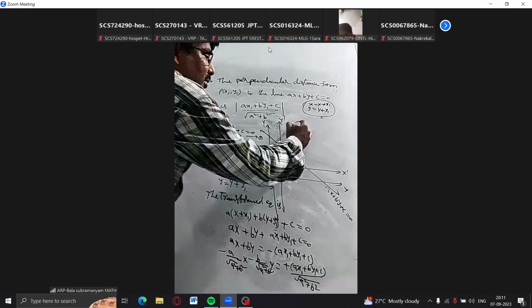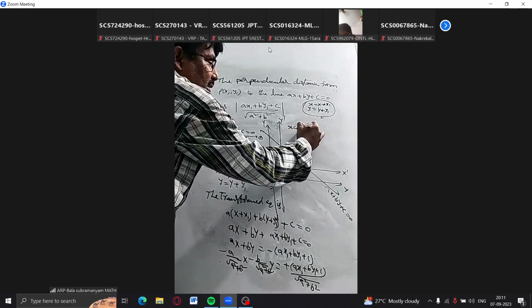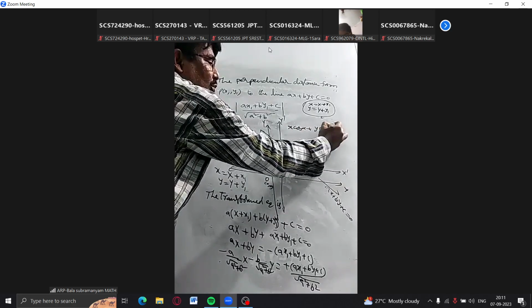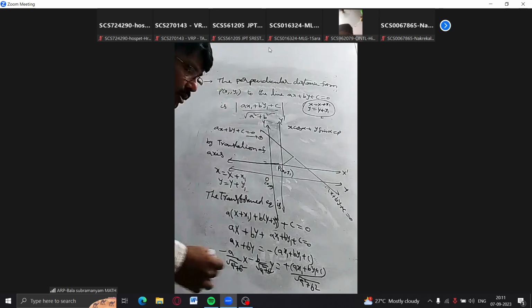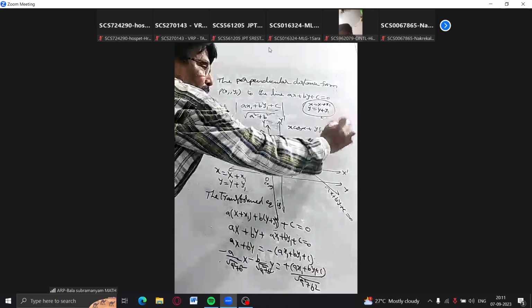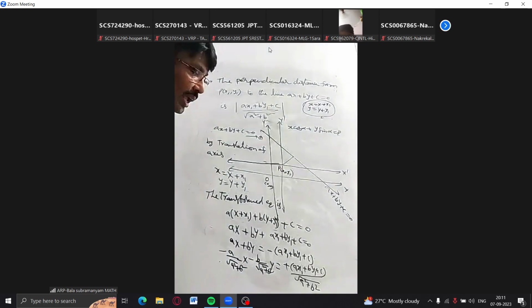Which is of the form x cos alpha + y sin alpha = p. Now comparing the right-hand side, p is the distance from the origin to the line.